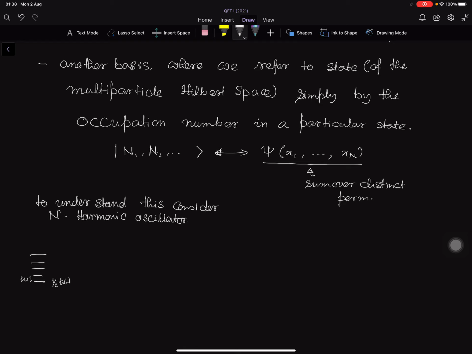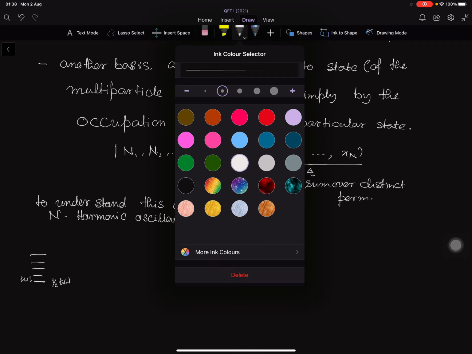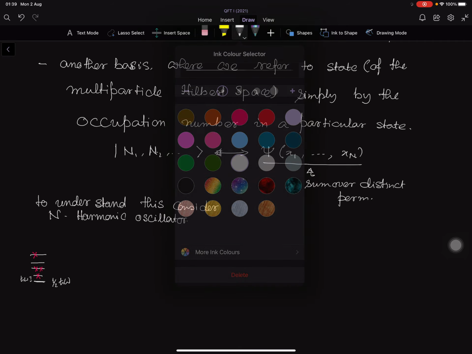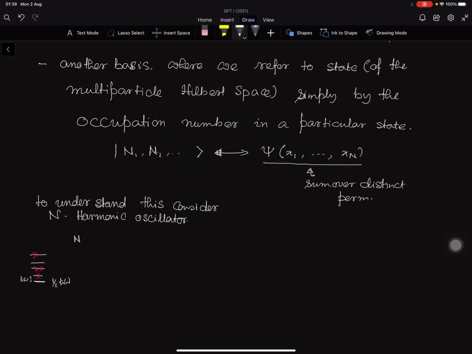Okay, let's discuss the case where there is no particle in the ground state, one particle in the first excited state, two particles in the second excited state, no particle in the third excited state, and one particle in the fourth excited state. So the total number of particles is 4.